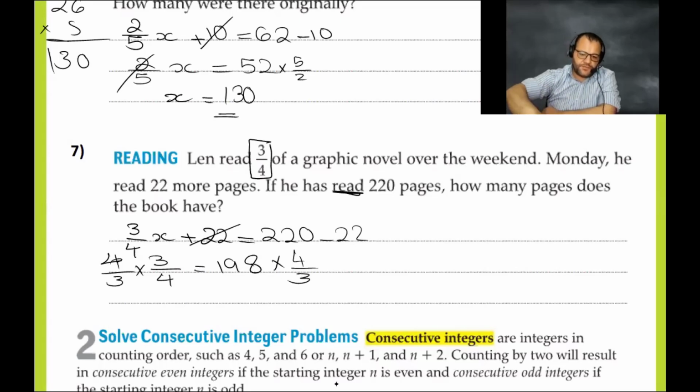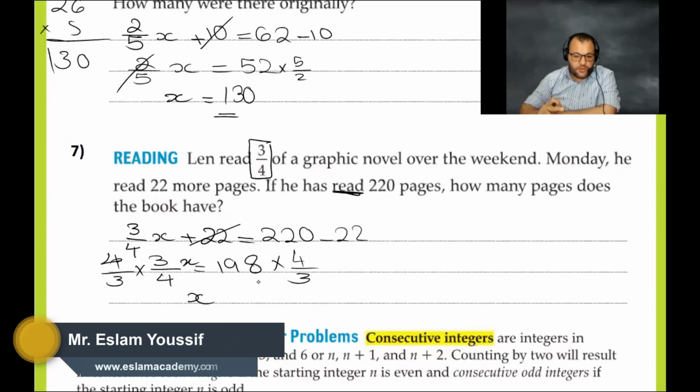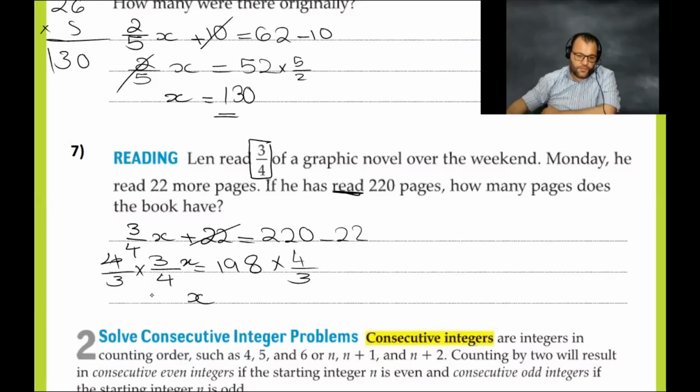What is the answer? 132. I just checked it in the calculator. The total number of pages? Wait, how come? Let me see. 198 times 4 is 792 divided by 3.